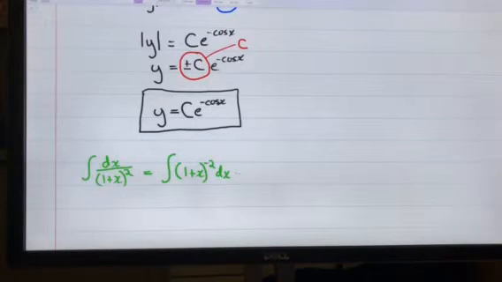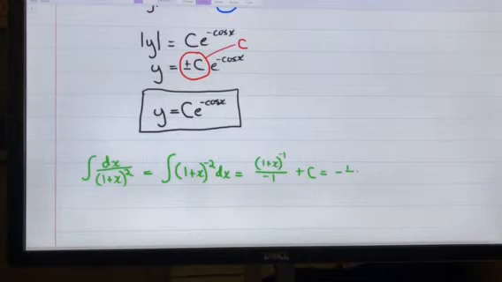And again, this is just revisiting the power property of integration. So you have 1 plus x to the negative 2 plus 1, which would be negative 1, all over negative 2 plus 1, which would be negative 1. And so this will come down to the negative of the reciprocal of 1 plus x, followed by the constant.